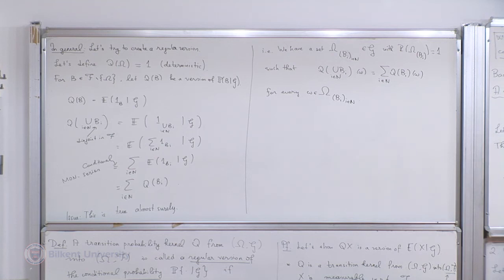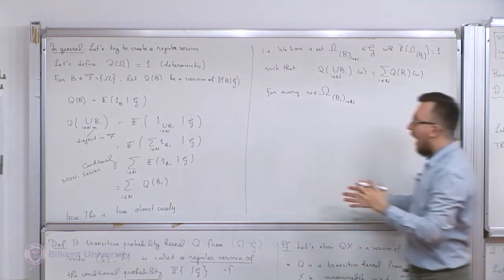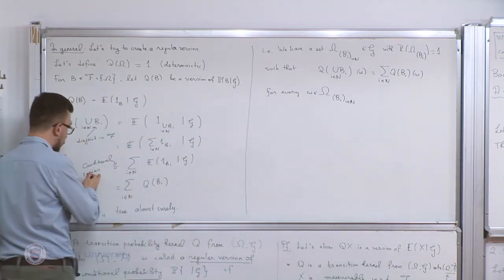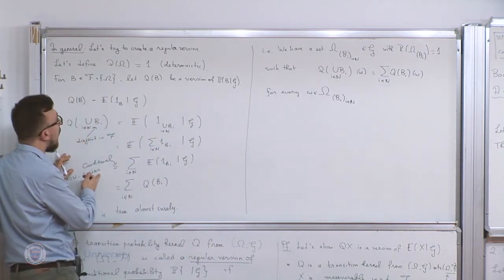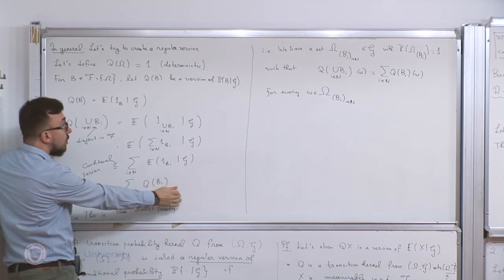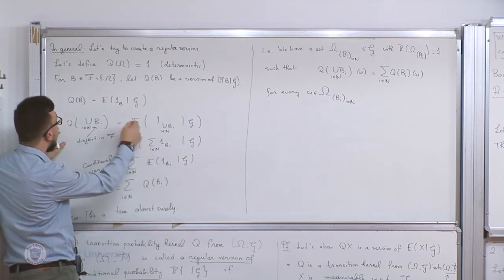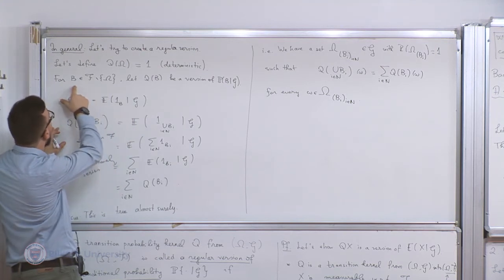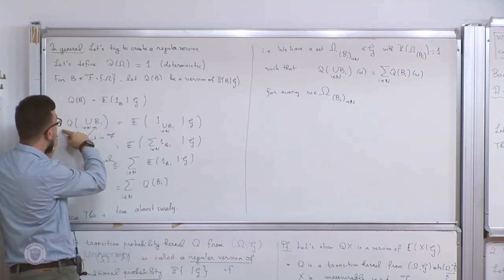So whenever you have an equality about conditional expectations, this is always almost sure. I used the conditional monotone convergence theorem in series form. I have something that holds almost surely. But my almost sure set depends on my choice of the sequence Bn.